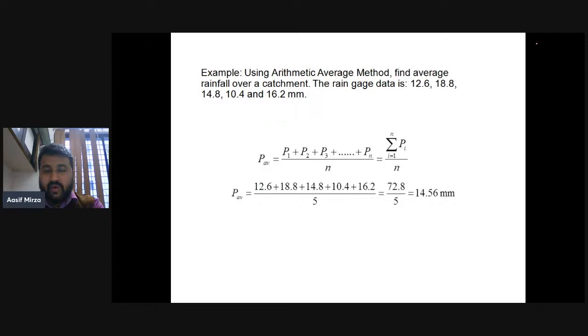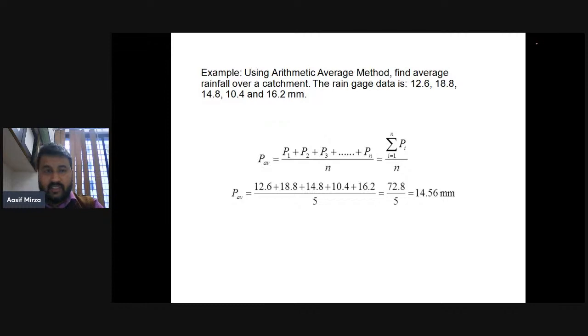We use the arithmetic equation: P1 plus P2 plus P3 plus P4 plus P5 divided by 5. By putting all these values into the equation, we will get the average value as 14.56 mm. So the average rainfall over that particular basin through those 5 rain gauge stations is 14.56.